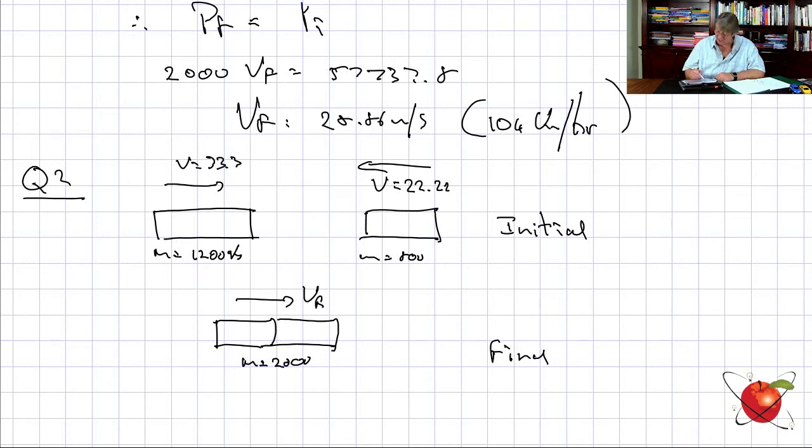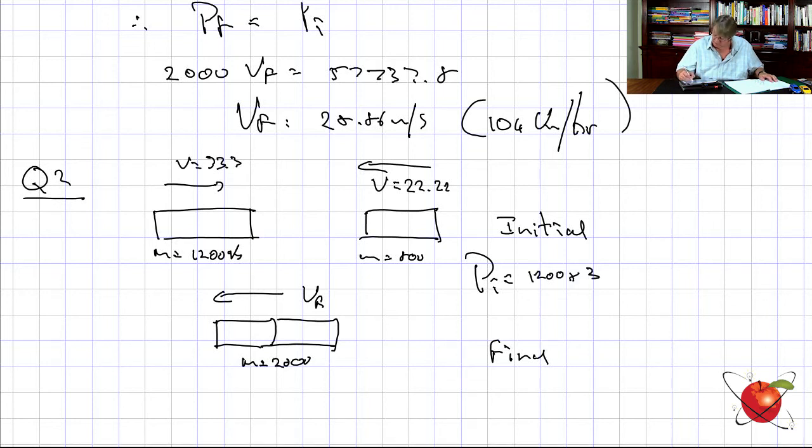Our logic says to us, this one is faster, it's going to push that one backwards. But let's say when we do it, we say the velocity is going to go that way, right? So let's look at P initial. Okay, P initial is going to be, once again, car A is 1,200 times 33.3.